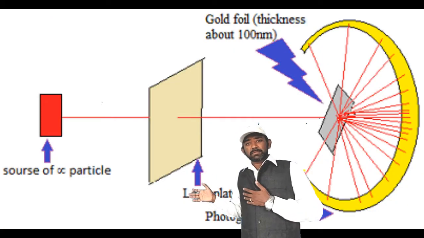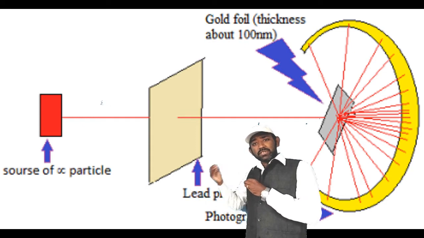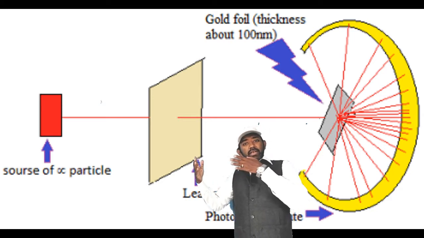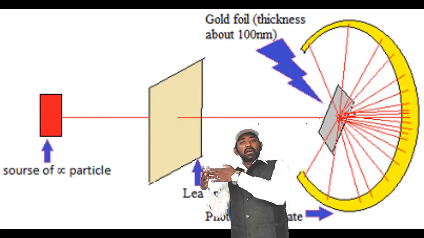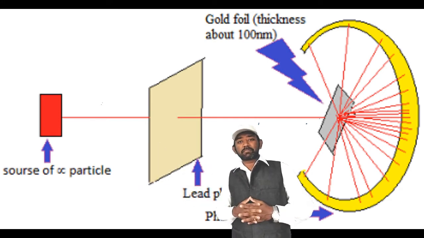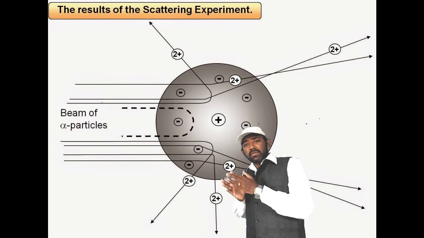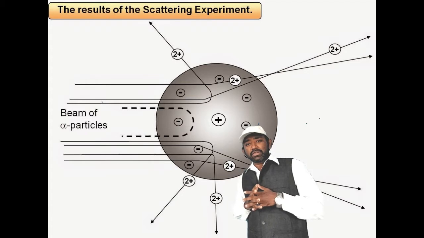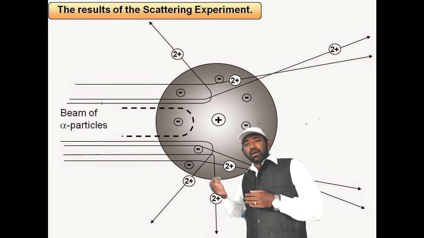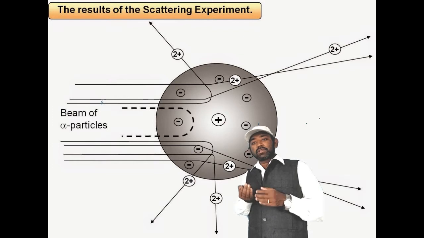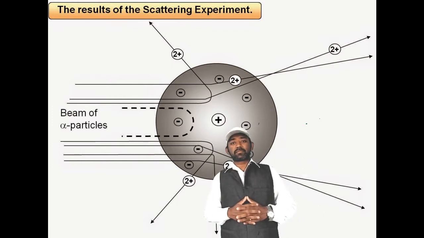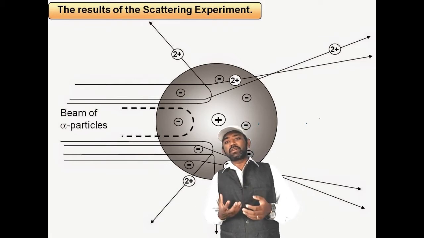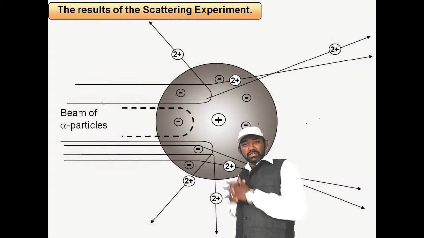In this experiment, he used alpha rays, which are positively charged particles, and passed them through a gold foil. Some of the rays were deviated, some passed through without any deviation, and only a few were repelled back, in the 180-degree direction. Using the Thomson atomic model, it was not possible to explain this experiment.